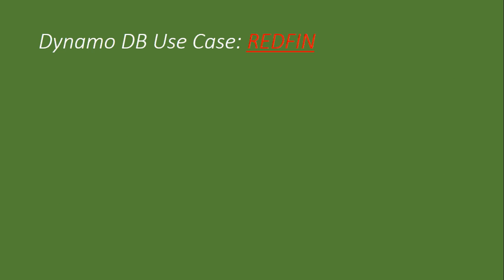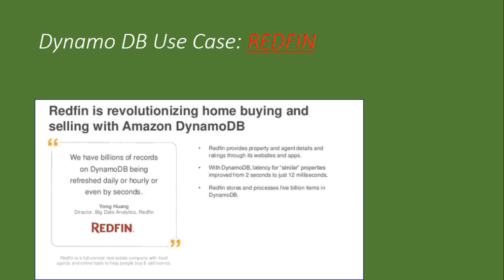This is a DynamoDB use case. We'll be discussing a wonderful use case wherein after using DynamoDB, the query results are much better for a property web portal, a real estate portal, wherein clients and agents search for properties and help individuals or organizations find real estate.